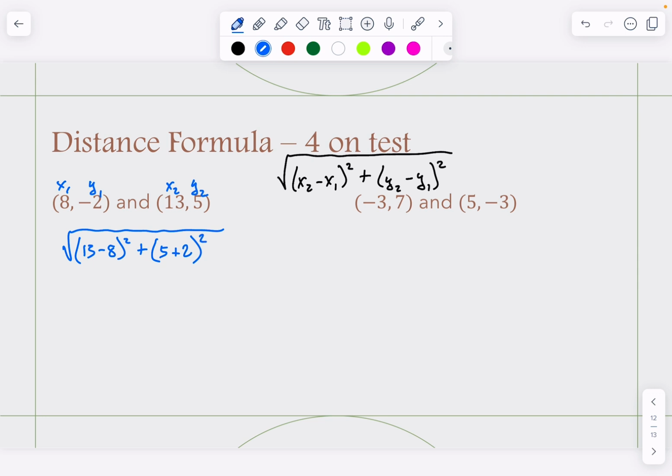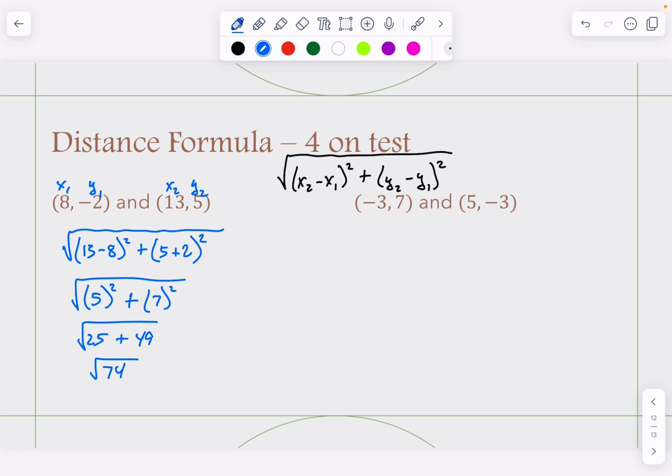So now I just need to simplify what I can. 13 minus 8 is going to give me 5. That will be squared on the next step, plus 7 squared. And everything is still in a radical. 5 squared is 25. 7 squared is 49. 25 plus 49 is going to give me 74.